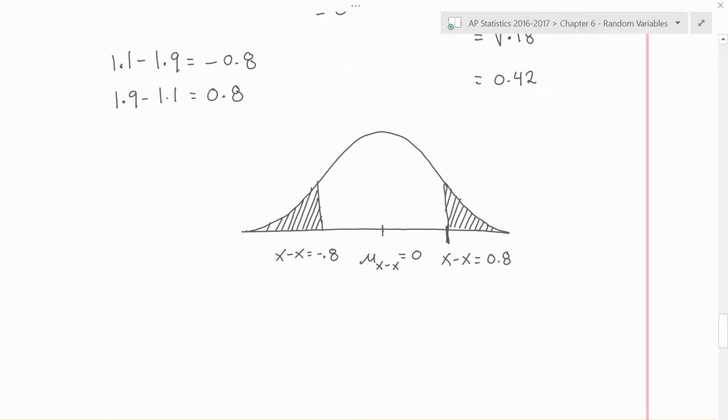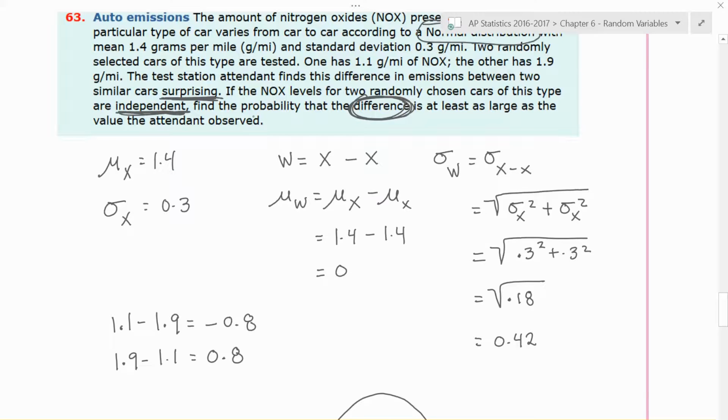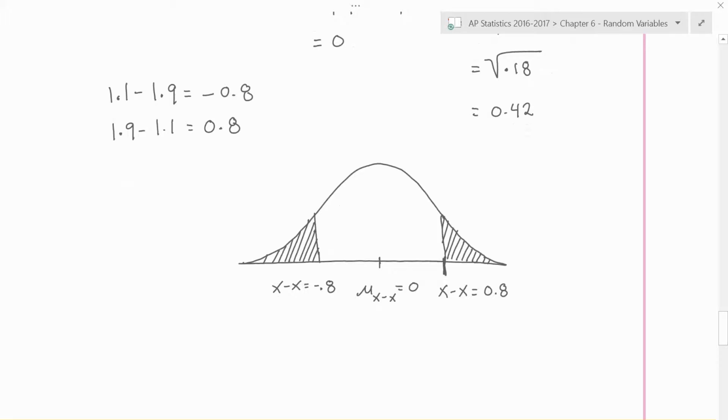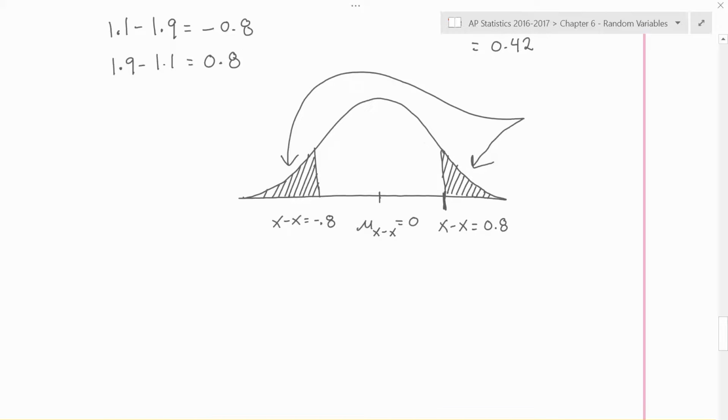Okay, so the question is, what is the probability that the difference is at least as large as what we observed? What we observed was either negative 0.8 or positive 0.8. I'm going to take both sides of my normal distribution to find that probability, the probability that the difference was at least as large as what we observed.